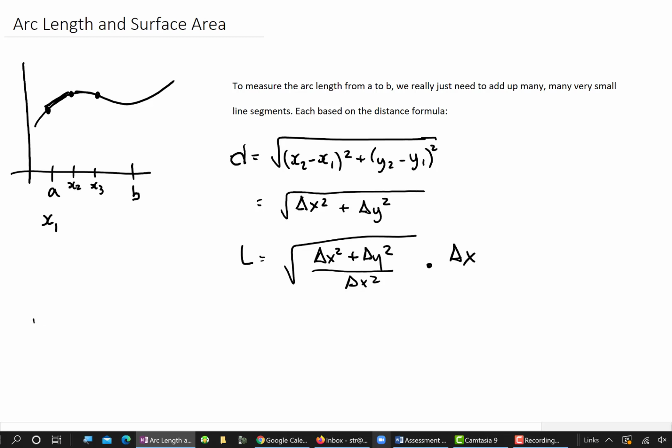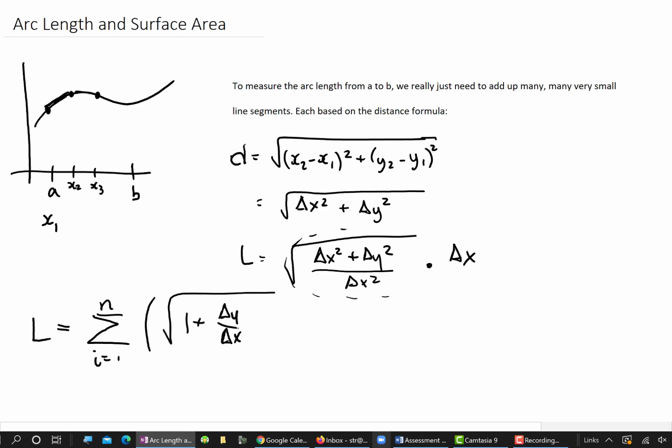So the total length would be to add up all of these lengths, from i equals 1 to n of them. A little bit of manipulation, dividing, would give me the square root of 1 plus delta y over delta x, which is the slope, squared, and all of that gets multiplied by delta x. And I'm taking the limit as n goes to infinity of that sum.